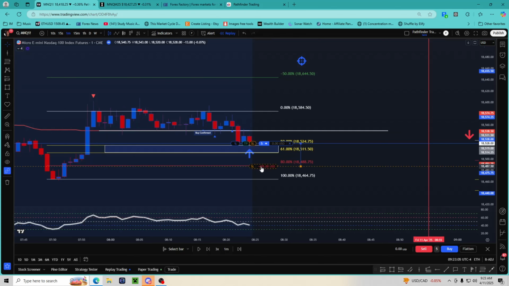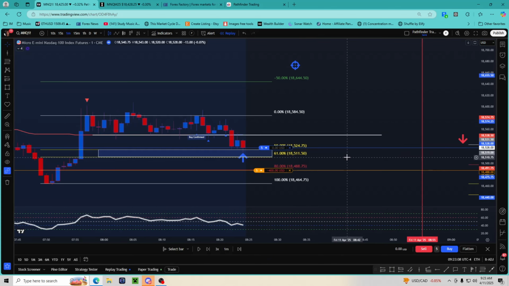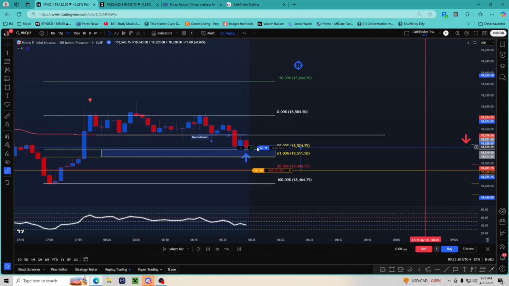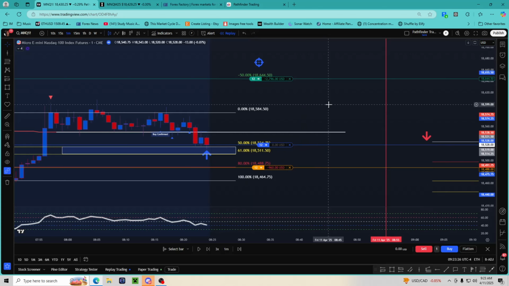Stop loss can go down here below the 80. You can adjust your contract size to suit whatever your stop loss should actually be. Okay? Right there, I'm going to risk 1,000. And I'm looking to make 2,700 on this trade. Okay?